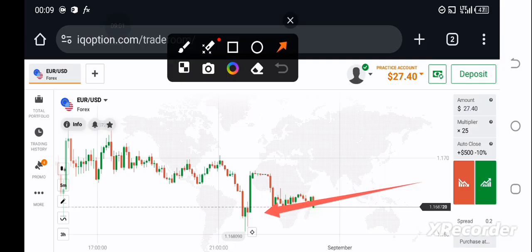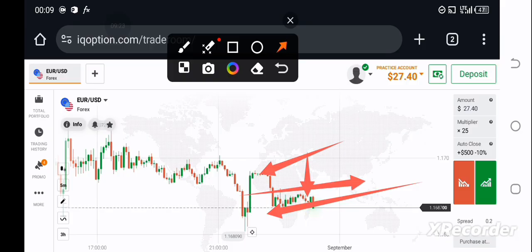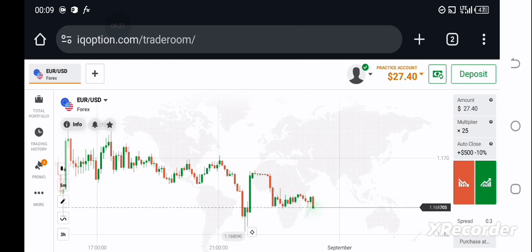Let's say you open a buy position here and the market got to this level here. You can put your stop loss somewhere around here so that you can secure some profit, so that in case the market drops again, it's going to exit you out of the market and you'll still be in profit. But if it favors you and pushes upward directly, no problem.